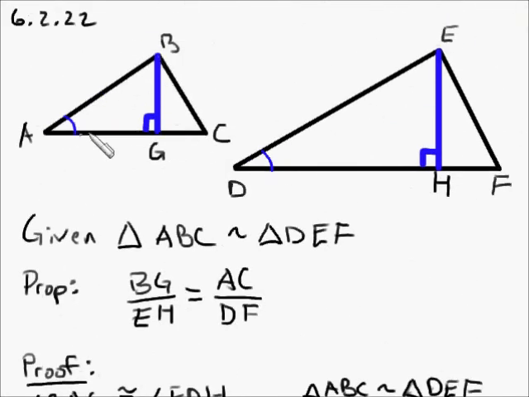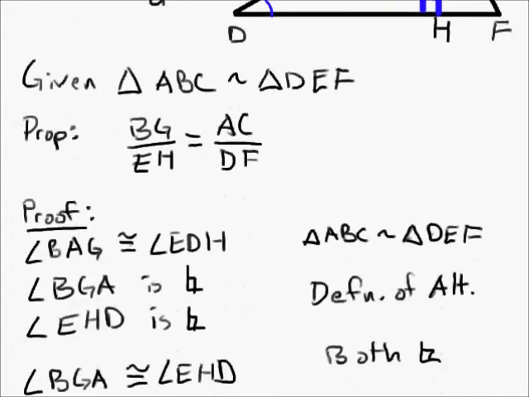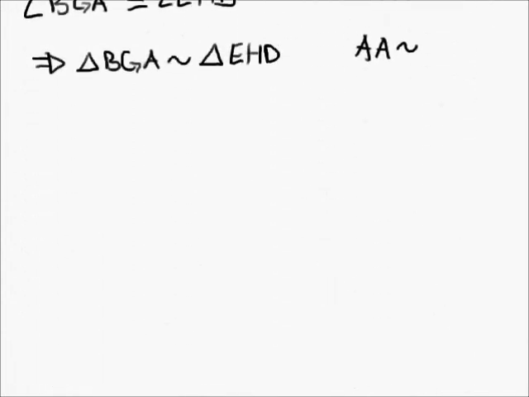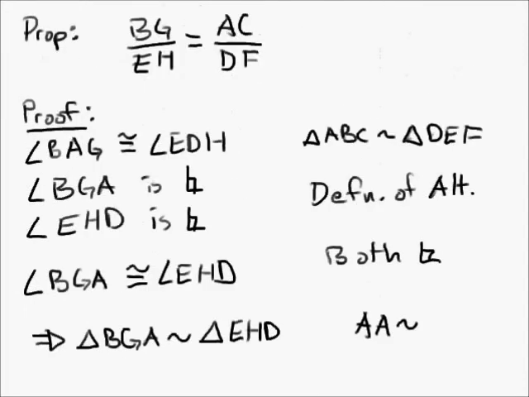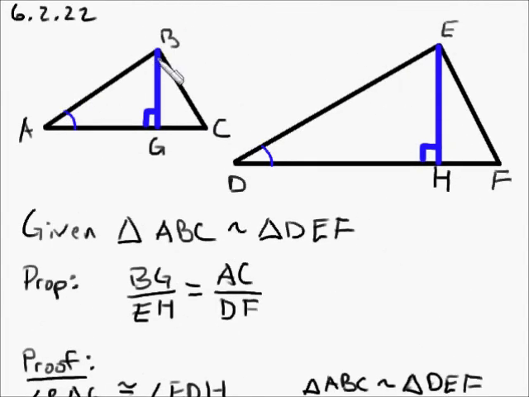Remember, BGA, EHD, and we had two angles congruent, so those triangles are similar. That means that we can find some ratios here. And we're interested in the altitudes, BG and EH.